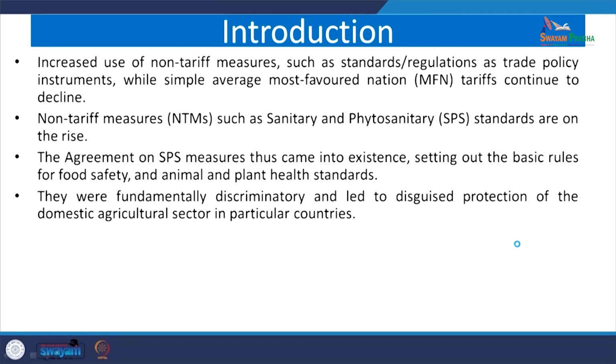So, therefore, discrimination is observed, and discussion in different rounds of the WTO is useful on this. This has led to disguised protection of the domestic agriculture sector in particular countries.